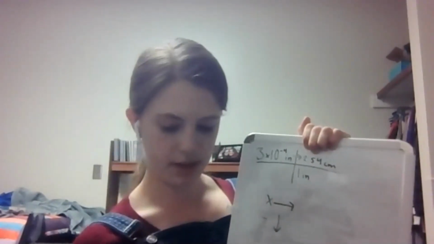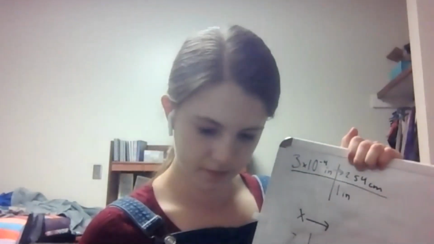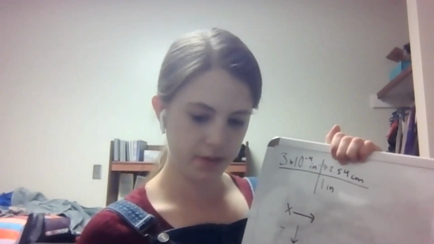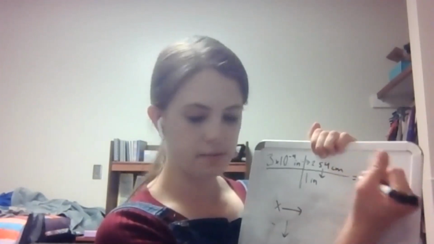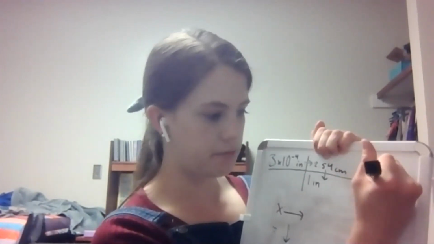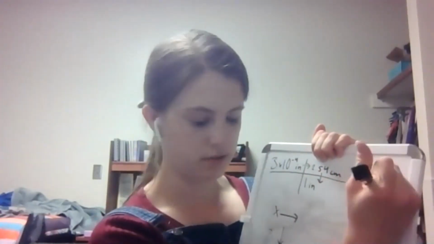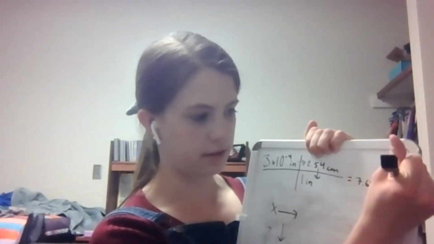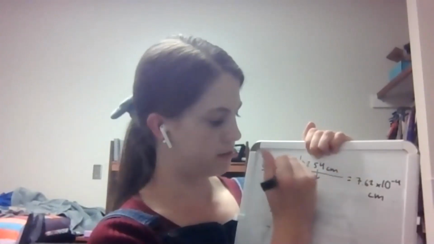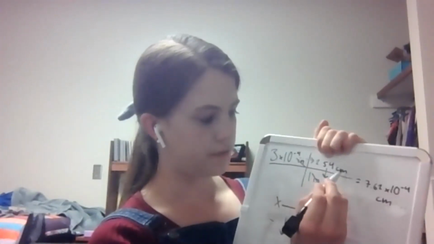So 3 times 10 to the negative 4th times 2.54. And then we're going to divide it by 1. And this comes to be 7.62 times 10 to the negative 4th centimeters. And your units left will be whatever doesn't get canceled out. So there's that example.